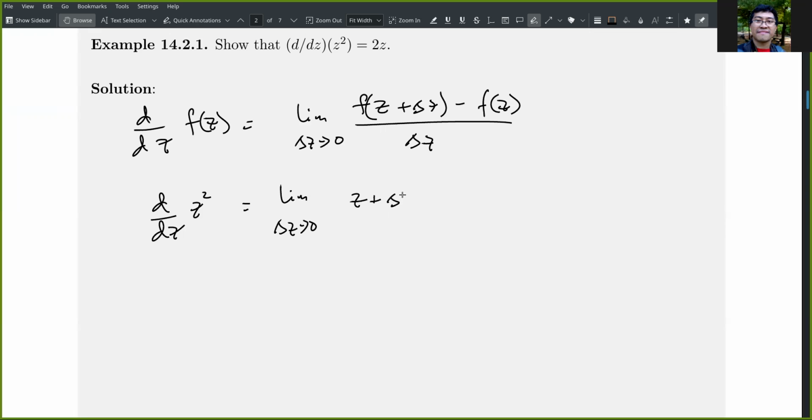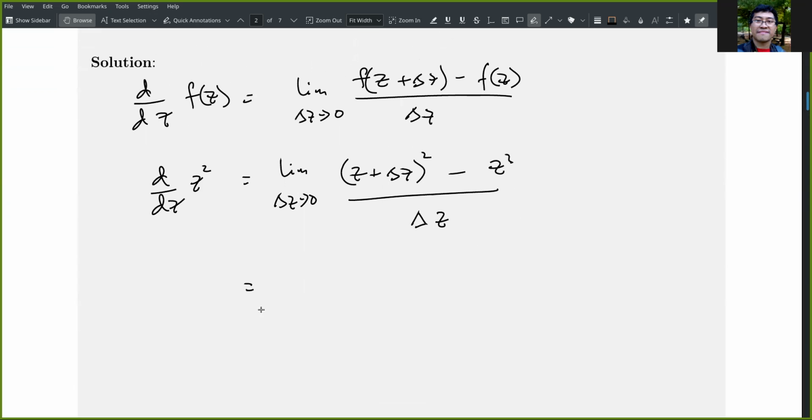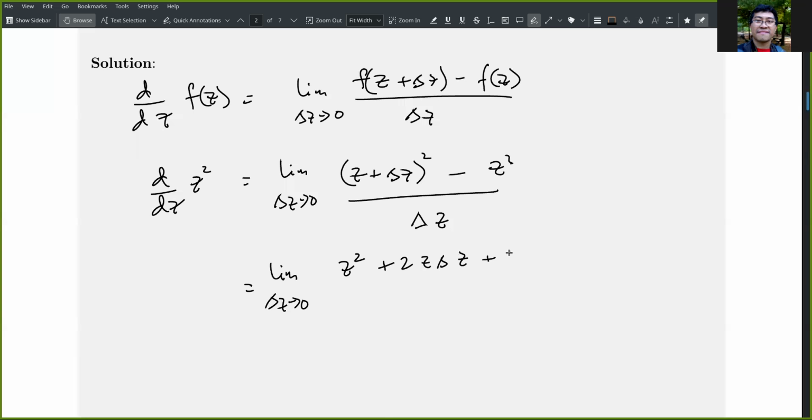You have z plus delta z squared minus the original function z squared divided by delta z. We can also write this as the limit as delta z approaches 0 of z squared plus 2z delta z plus delta z squared minus z squared, divided by delta z.